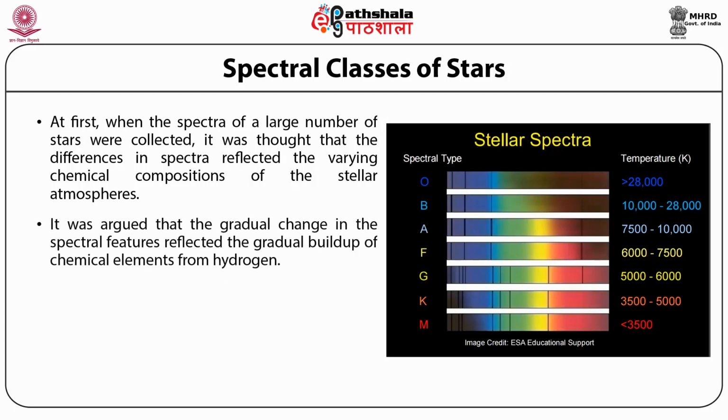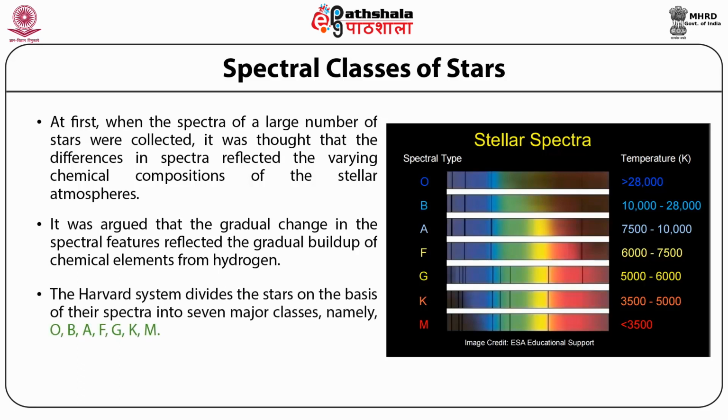It was argued that the gradual change in the spectral features reflected the gradual buildup of chemical elements from hydrogen. The system of classification of stars is known as the Harvard system because it was developed at the Harvard Observatory, mainly due to the work of Annie Cannon following the work of Henry Draper.